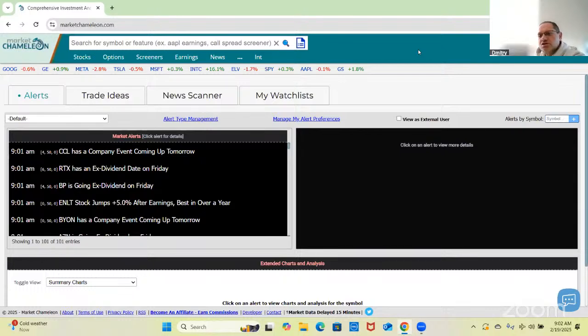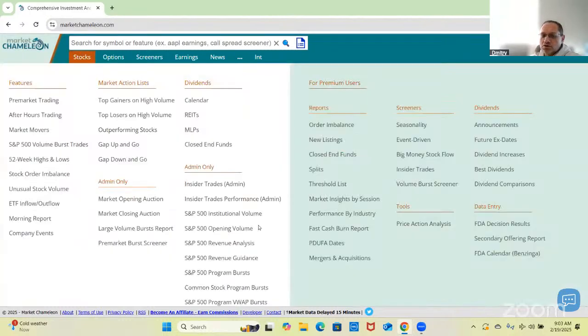Helps us understand the volatility or the tendency, and we could also compare it to another like product. So I think the best way to go through that is to show examples. So I'm going to go to the tool, and under stocks over here, we're going to look at this price action analysis tool.